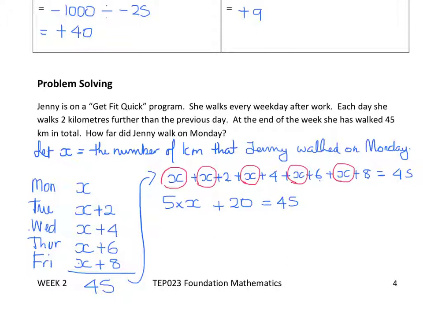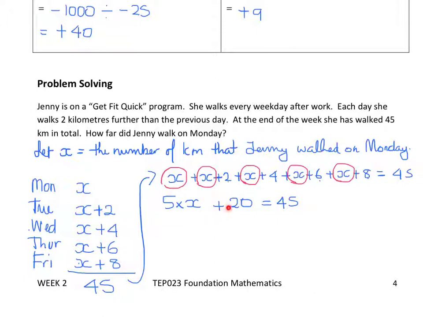Okay, so we still need to find x. X was the number of kilometres that Jenny walked on Monday. How are we going to find it? Well, I'm going to undo this equation. It's called an equation because it's got an equal sign in it. I'm going to undo it in the reverse order of operations.